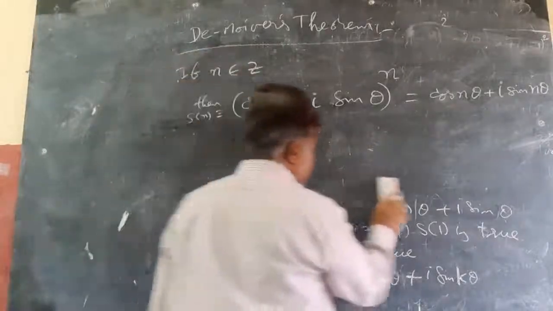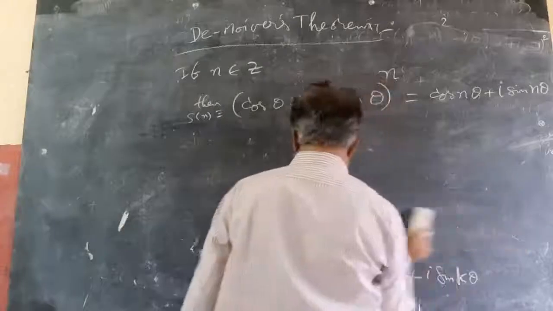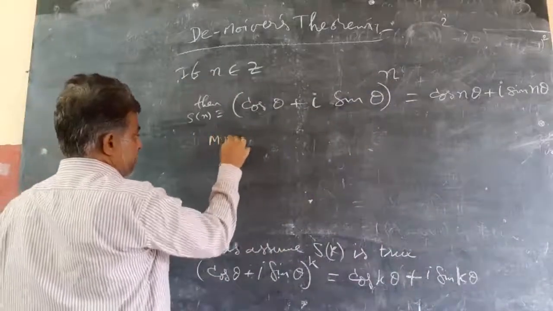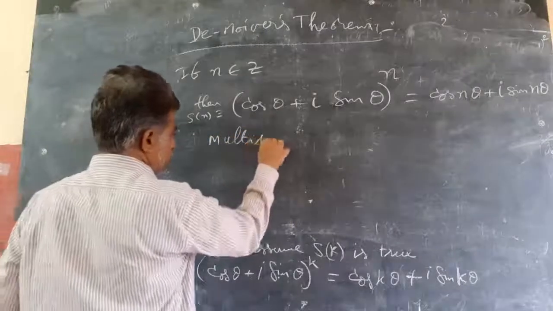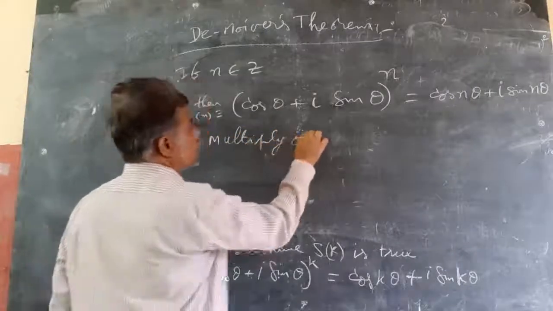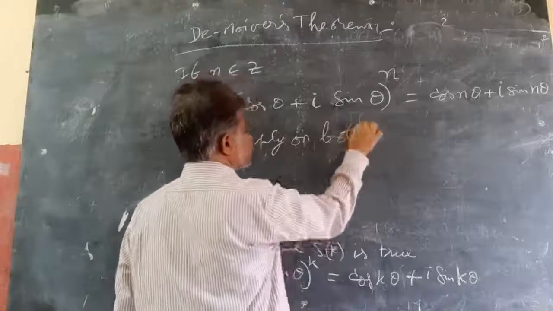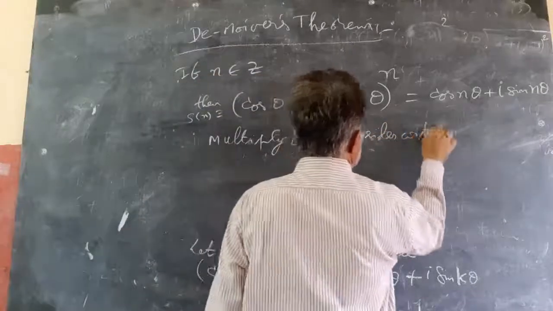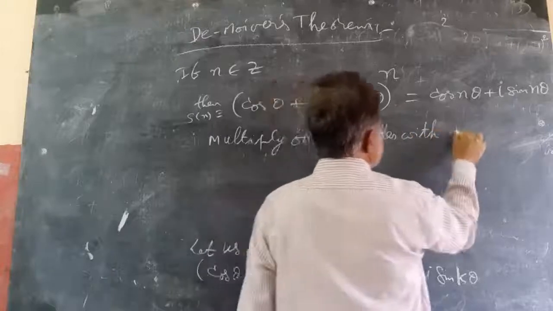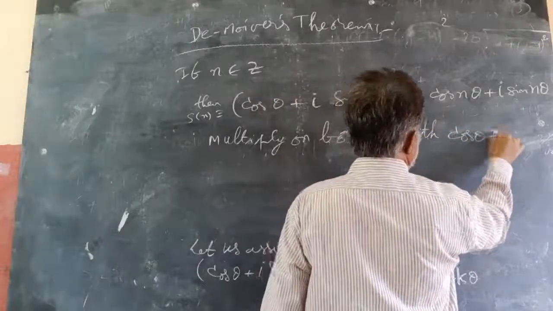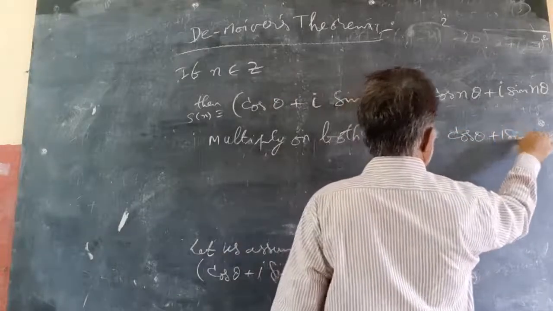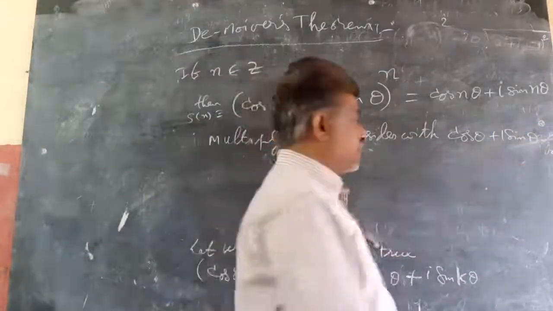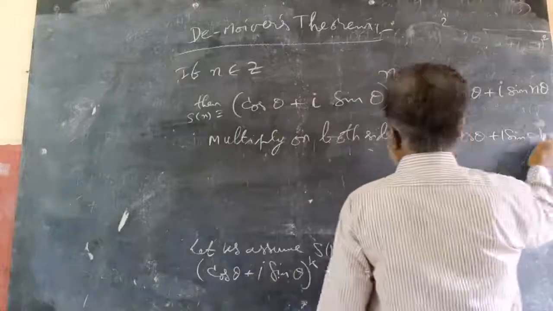Now what I am going to do is multiply on both sides with cos theta plus i sin theta, so that the value will not change.